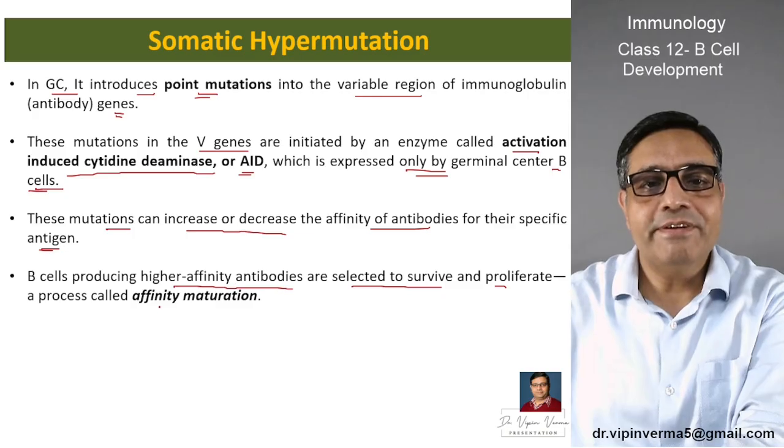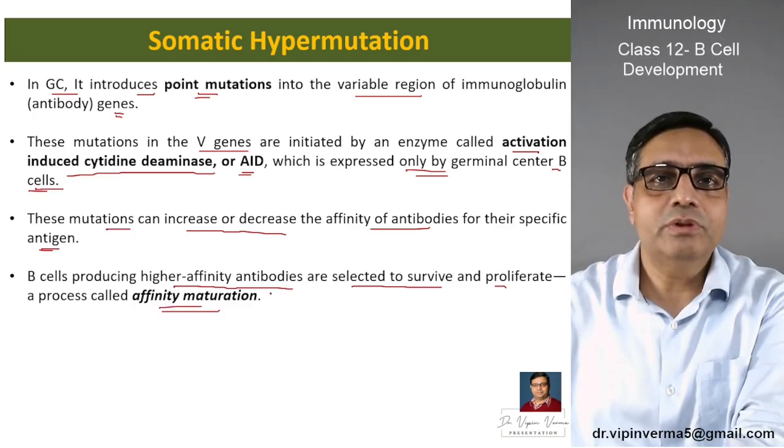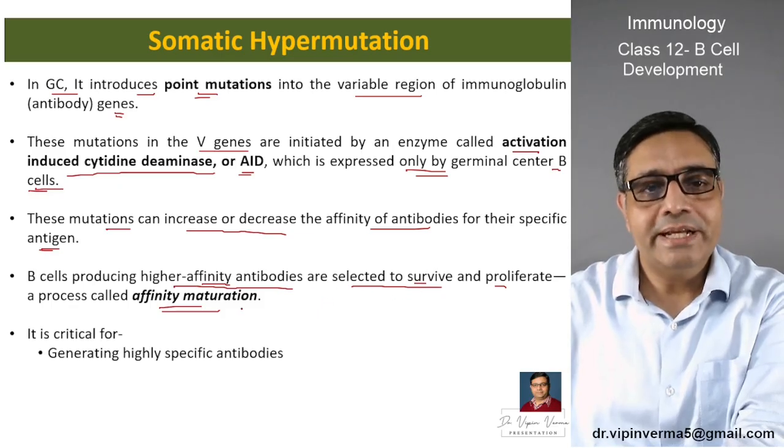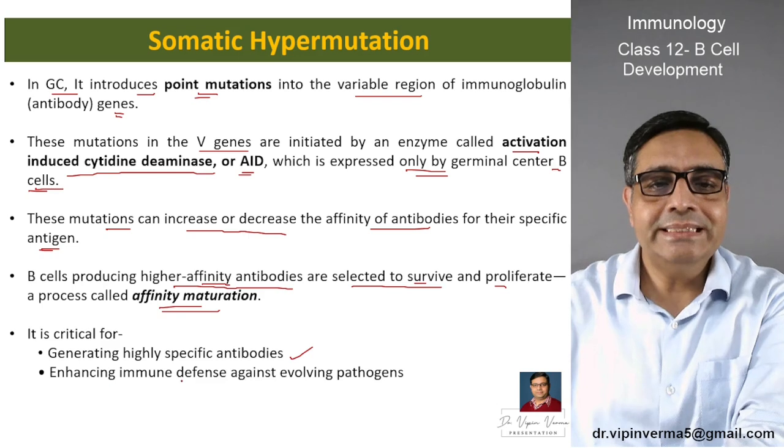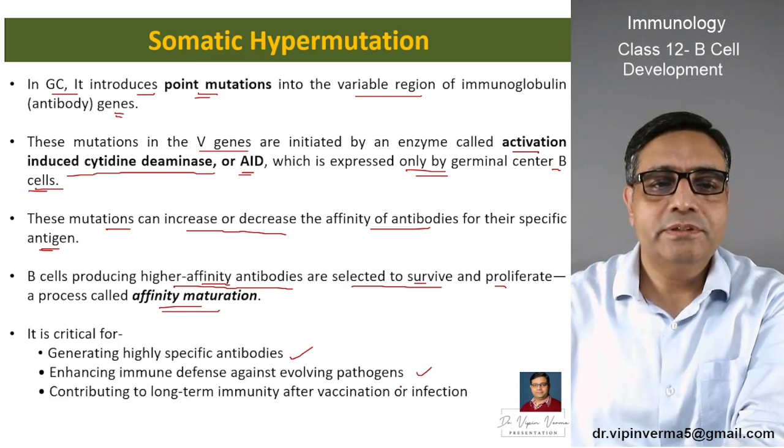This event is known as affinity maturation, where B cells that produce higher affinity antibodies are selected to survive and proliferate. It is critical for generating highly specific antibodies and enhancing immune defense against evolving pathogens.